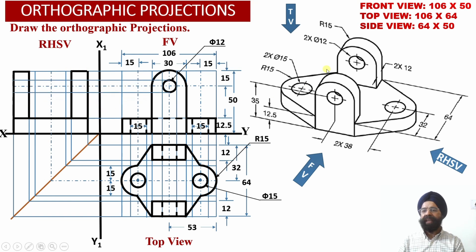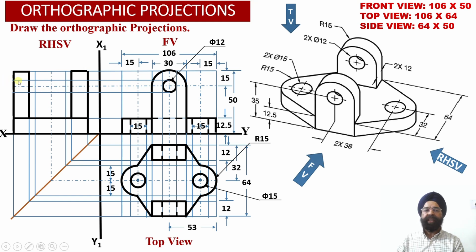Now we know that there are two holes available in these two vertical elements, but neither of these holes is visible to the observer from the right hand side. So corresponding to hole number 3 and hole number 4, we have obtained the horizontal projector lines from the front view projections, extended into the right hand side view.